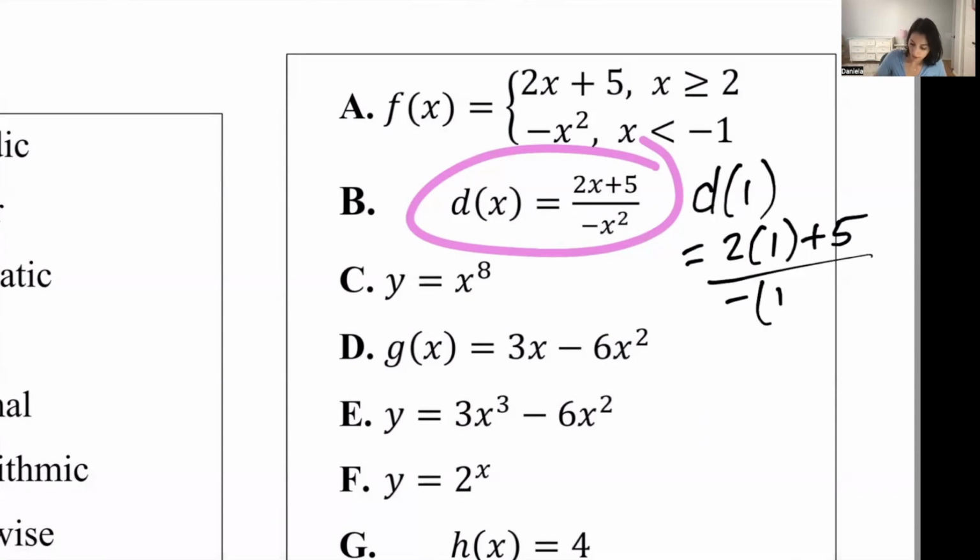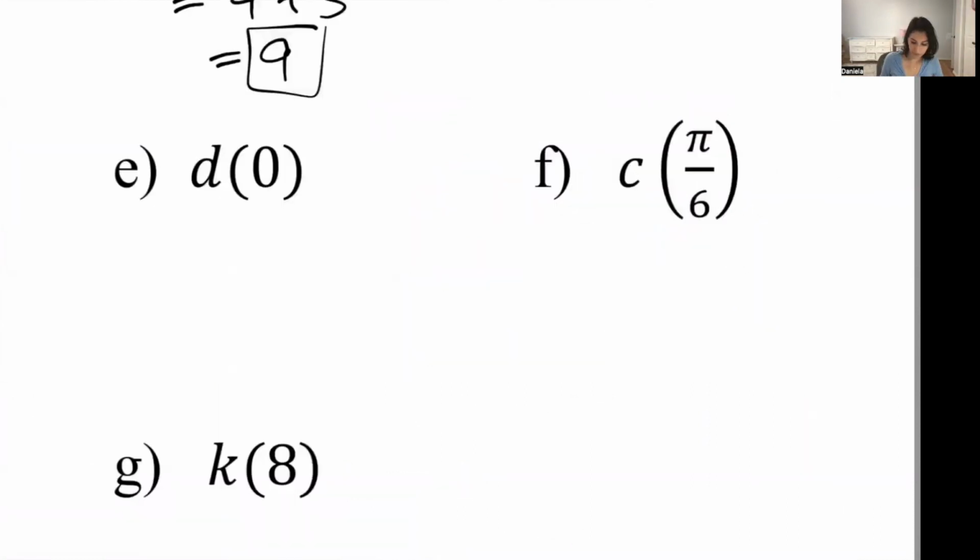You should have a negative on the outside. Then you simplify top and bottom. That's going to be 7 divided by 1 squared is 1, and then drop down that negative. And then 7 divided by -1 is going to be -7.